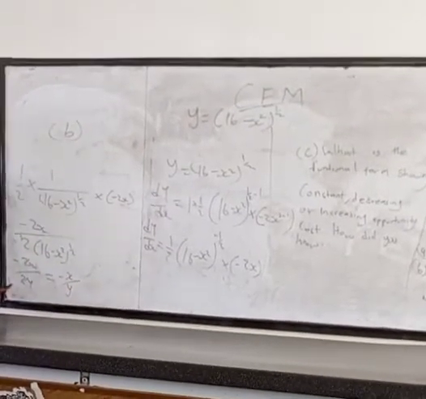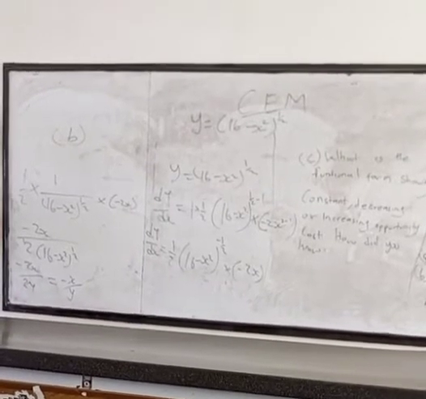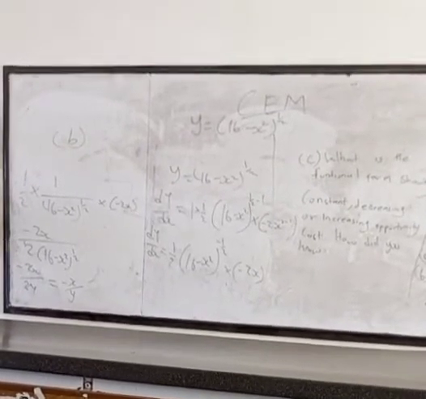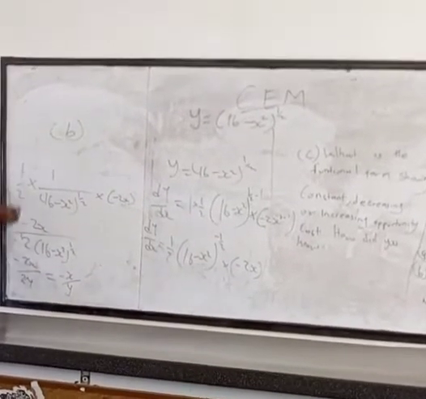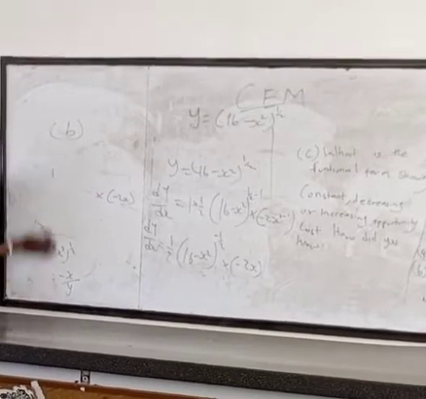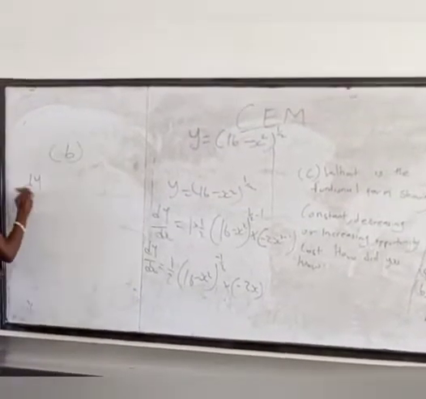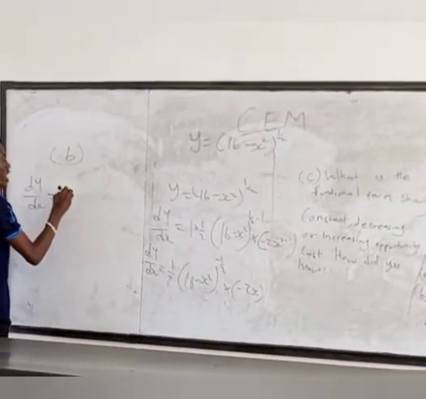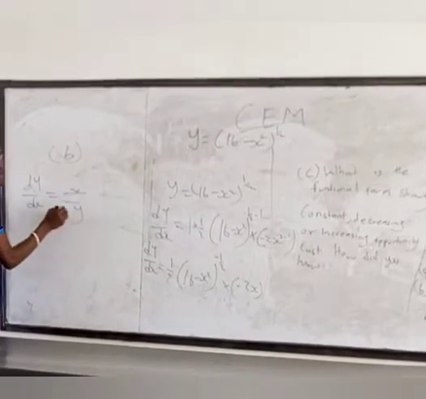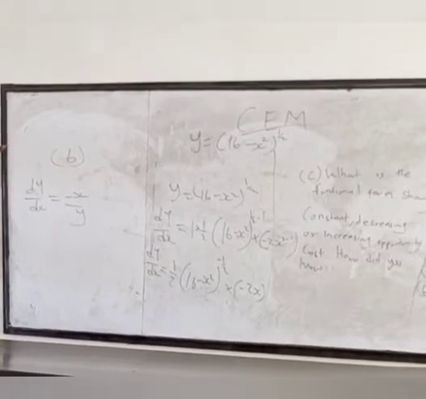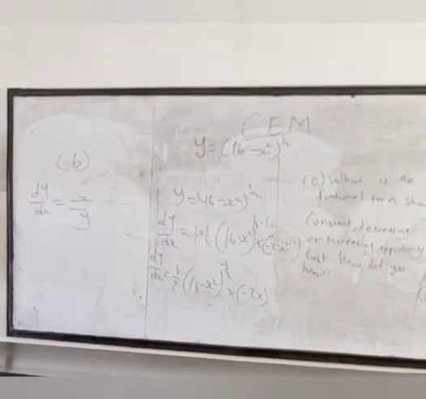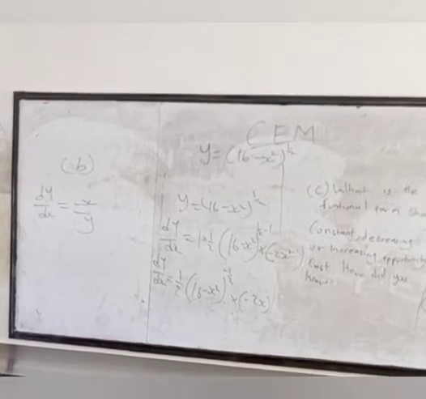Y. So our slope dy on dx is negative x on y. So this is our slope. This is our slope for the equation that we will use. Our general slope is negative x on y.